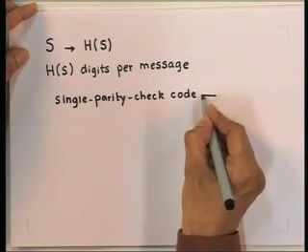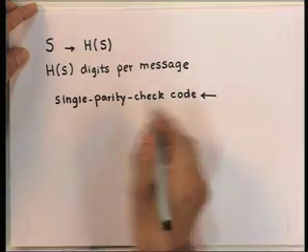In this coding scheme, an extra binary digit is added to each code word to ensure that the number of ones in the resulting code words is always either even or odd.